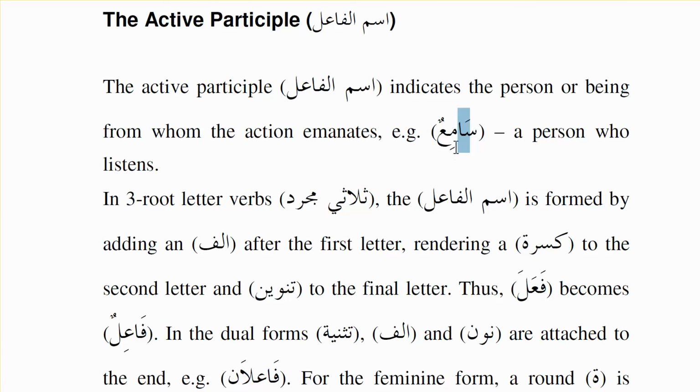So you here see sami', put a kasra on the second letter. And a tanween, or dammatain, fathatain to the end of it. Thus, fa'ala becomes fa'ilun. Does everyone see what just happened? Fa'ala, to do, or he did, becomes fa'ilun, the doer.